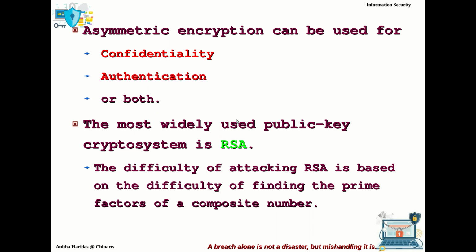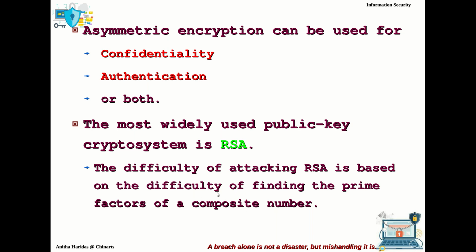Now the most widely used public key crypto system is the RSA algorithm, and the interesting part of the RSA algorithm is that the difficulty of attacking RSA is completely based on the difficulty of finding the prime factors of a composite number. Finding the prime factors of a composite number is difficult.